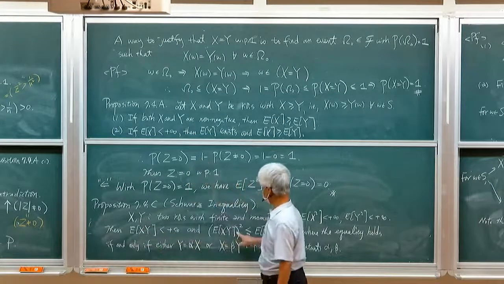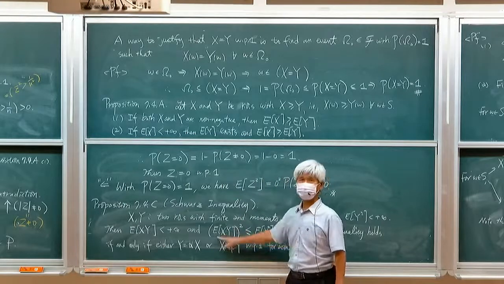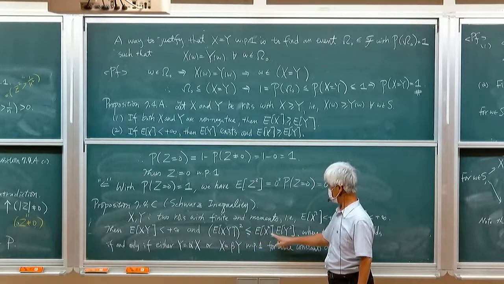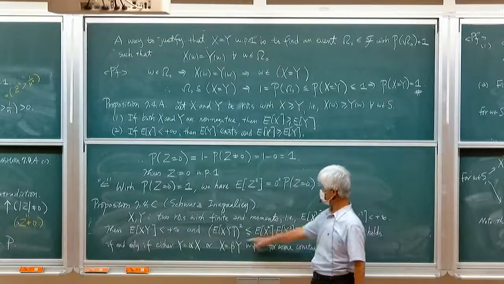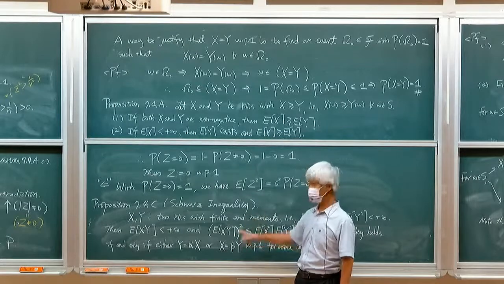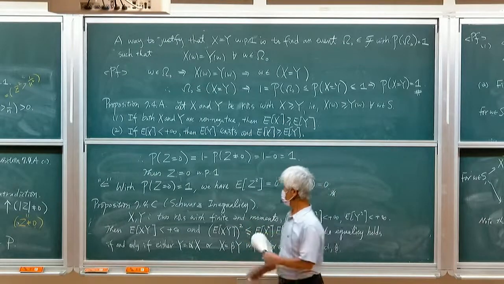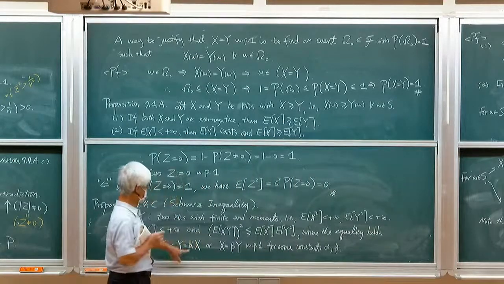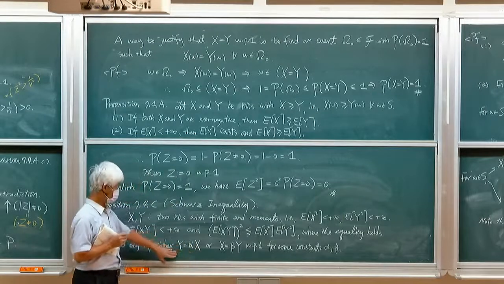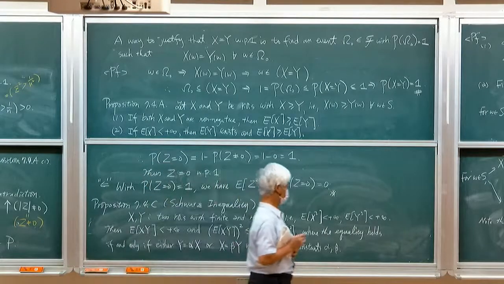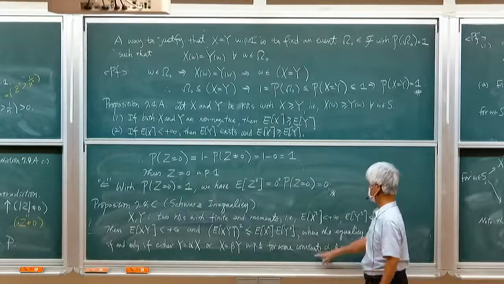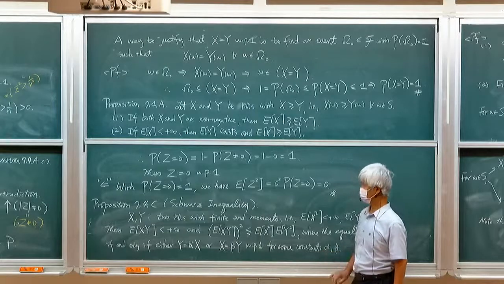And this finite expectation, when you take the square, is upper bounded by the product of their second moments. And the equality holds if and only if either Y is equal to alpha times X or X is equal to beta times Y, with probability 1, for some constants alpha and beta.